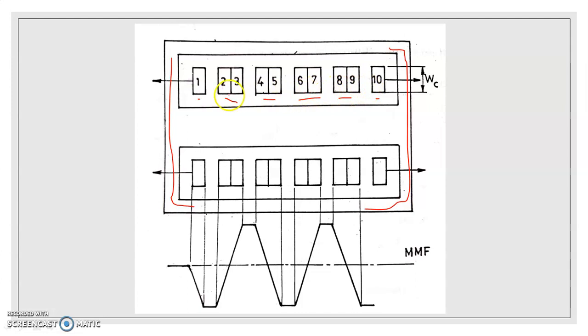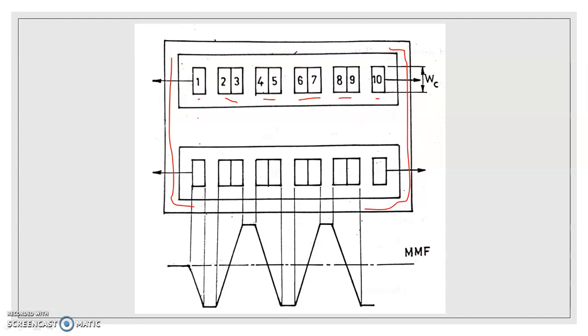In these coils you can also observe that the forces are shown with Wc, and the forces exerted on the first coil and the 10th coil are opposite to each other. Like that, the coils are paired as 1, 2, 3, 4, 5, 6, 7, 8, 9 and 10.